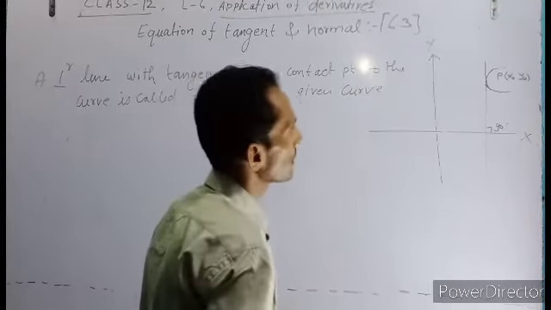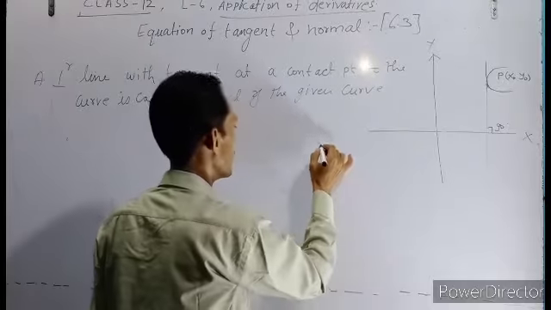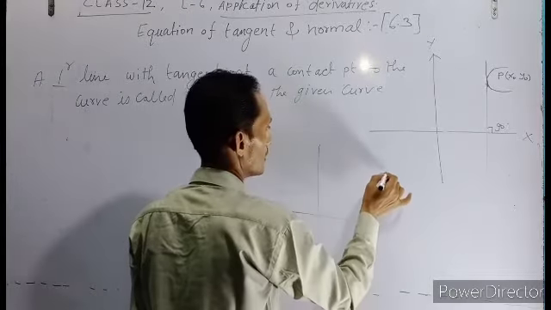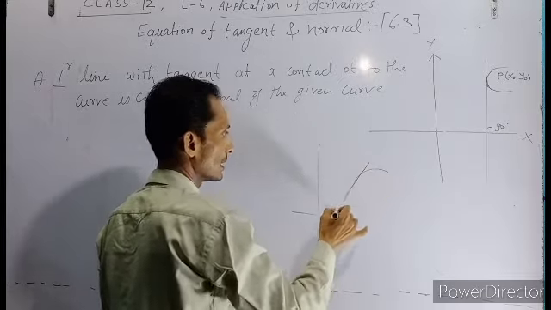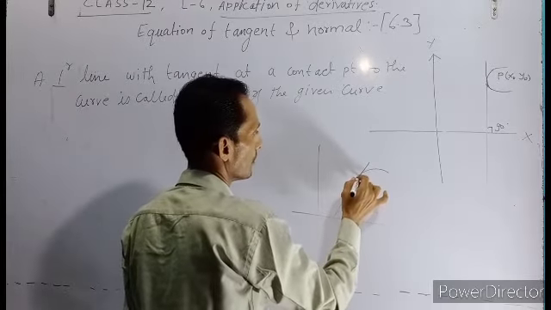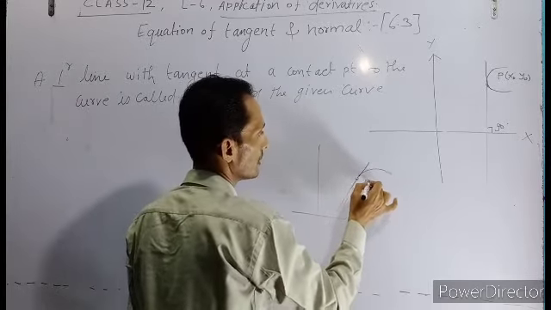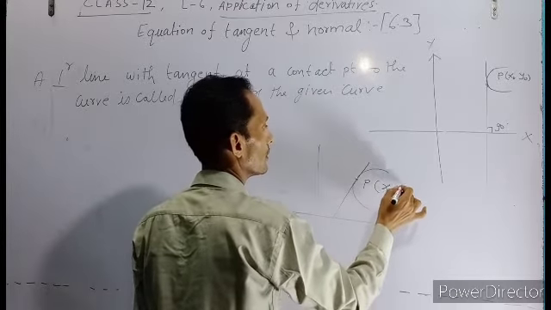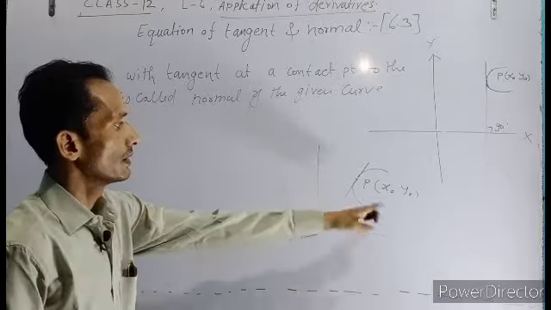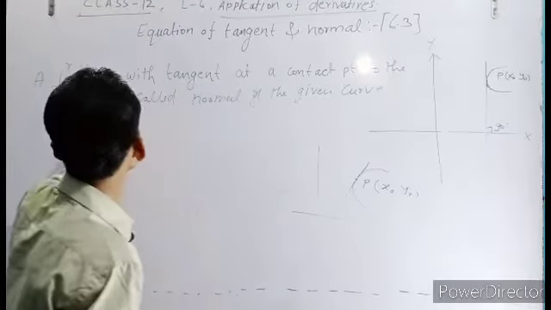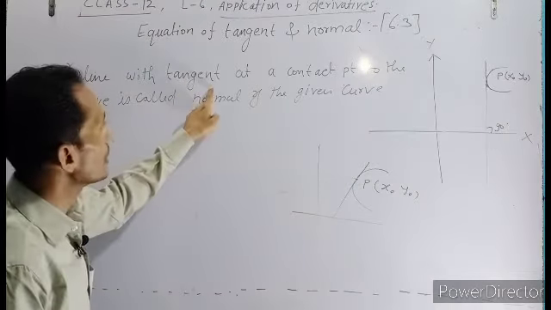Suppose this is the given curve, and that is the tangent at the point P. Now we have to find the normal. So what is a perpendicular line with the tangent?